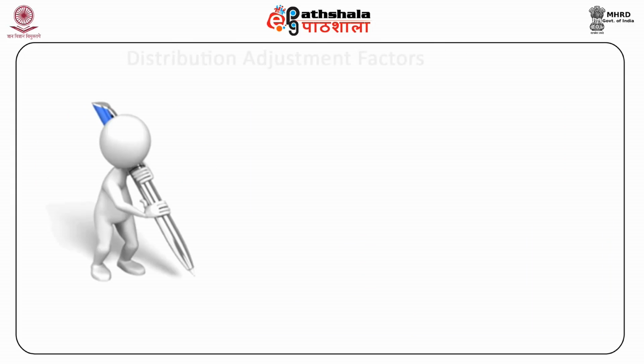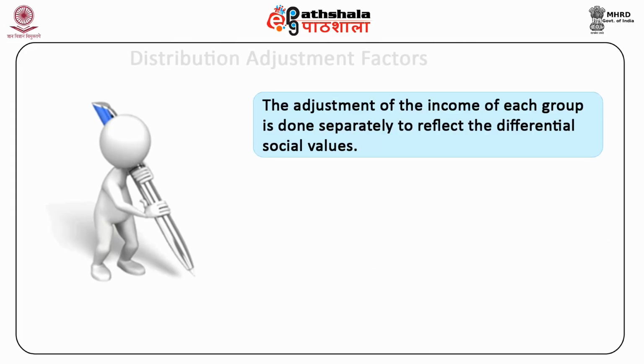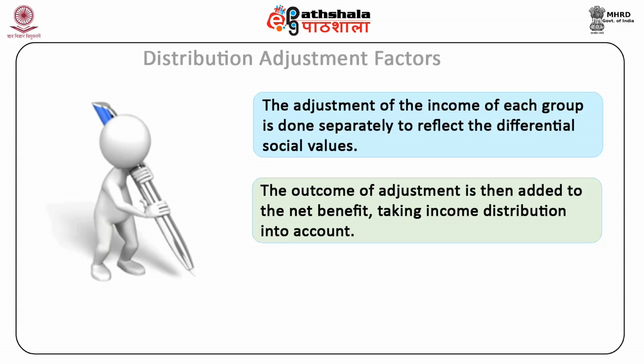Distribution adjustment factors. The adjustment of the income of each group is done separately to reflect the differential social values. The outcome of adjustment is then added to the net benefit, taking income distribution into account.